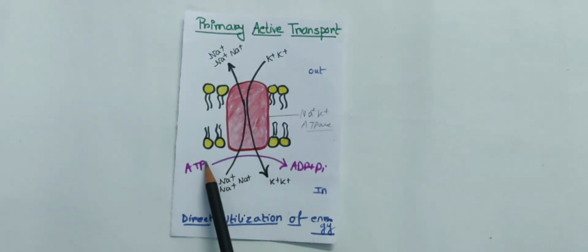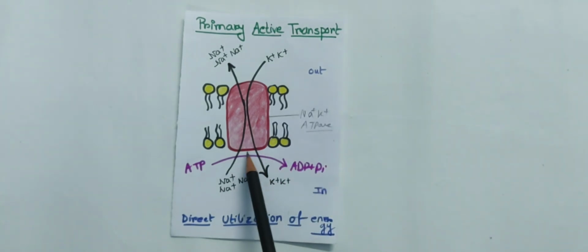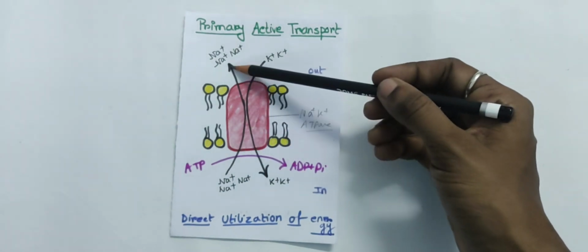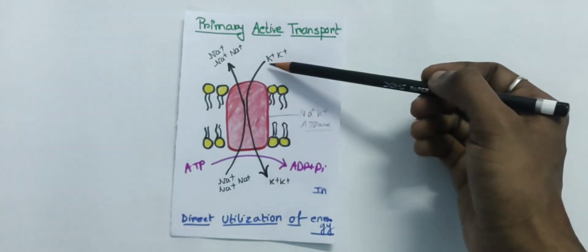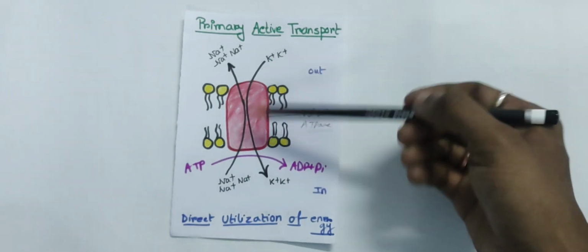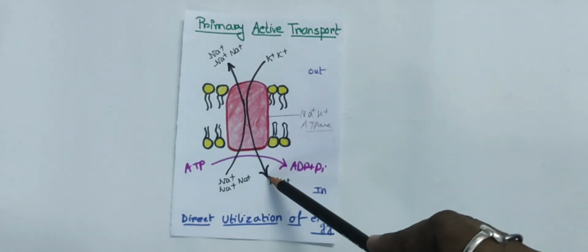It's possible by the hydrolysis of ATP. At that time, ATP hydrolyzes to form ADP and Pi, and here the energy is liberated. Using that energy, the pump throws the sodium to the outer side, and the potassium enters through the channel at the inner side.